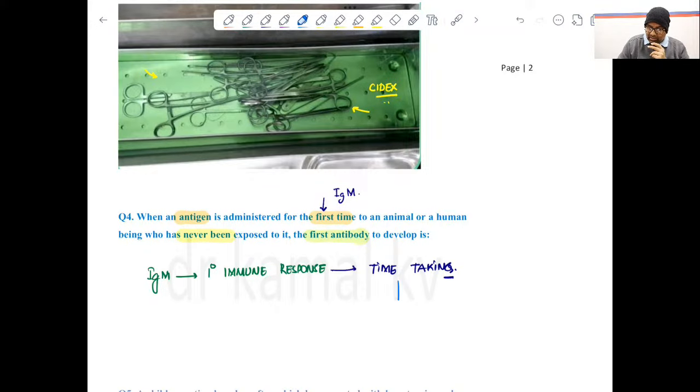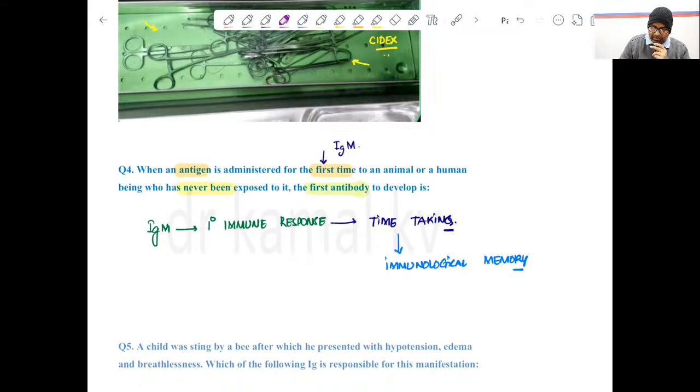So it is time taking, and this is the primary immune response. And then there is immunological memory. This immunological memory makes sure that if the same agent is exposed again, then there is generation of the secondary immune response.